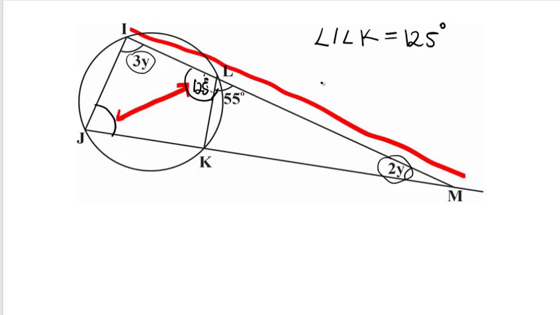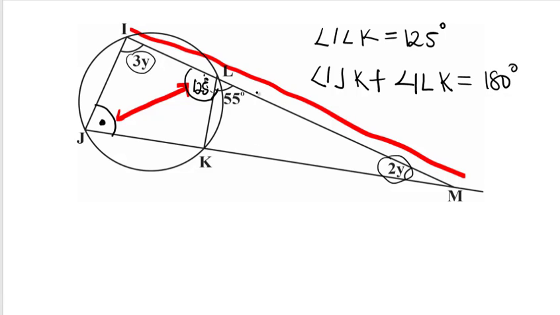So you should take note that angle IJK, that is the angle here, and angle ILK, they sum up to 180 degrees.